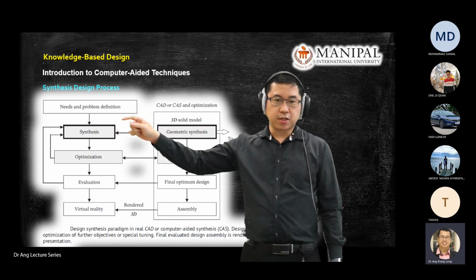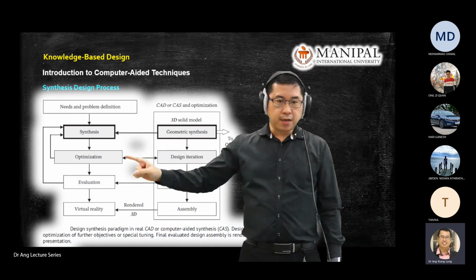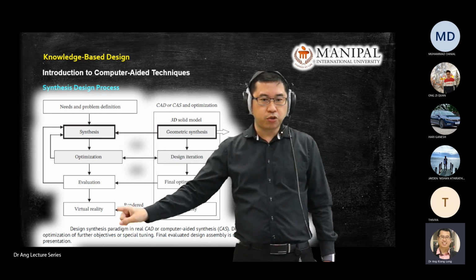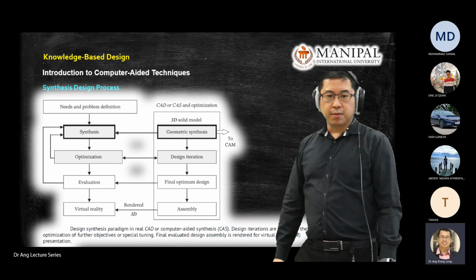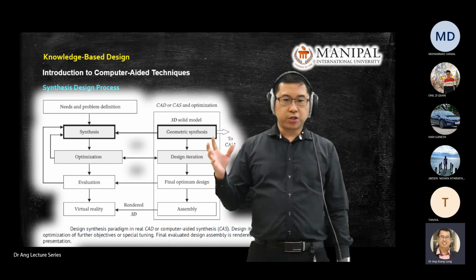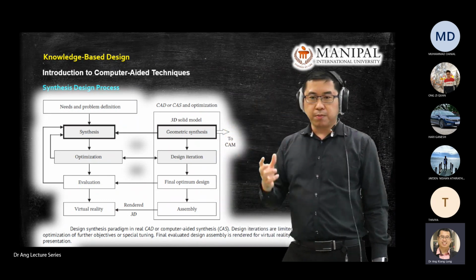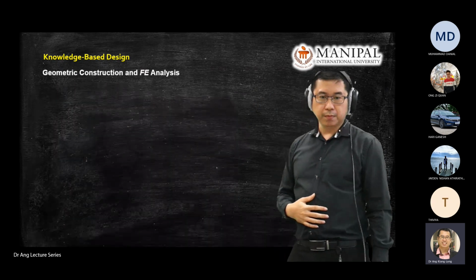The detail, I will not go deep into this one. As you can see from this flowchart, you will incorporate virtual reality into the design process, meaning when it comes to evaluation, you will present your 3D model using virtual reality.